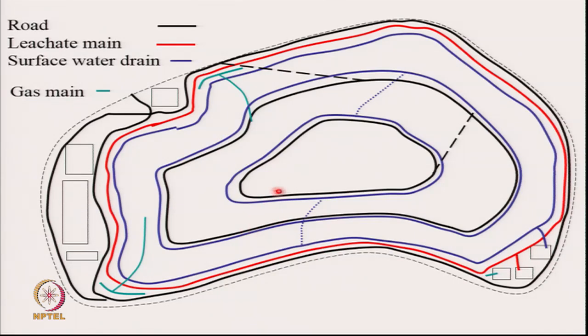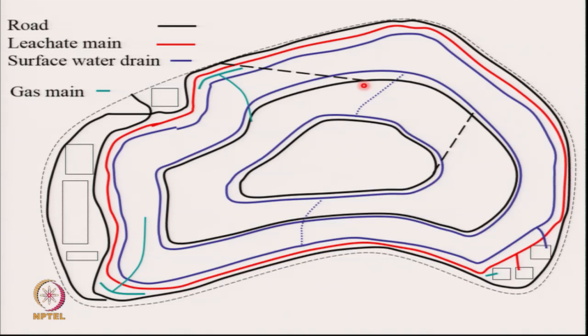Whatever falls on the top surface goes to this drain, comes to this drain, and then eventually comes down. And this is a berm, an intermediate berm, right? There's a surface water drain and a road on the berm. And whatever falls on this slope is collected in this and then comes down here. Whatever falls on this slope comes to this drain. And your road is here. You can travel up this road and come to the first level berm.